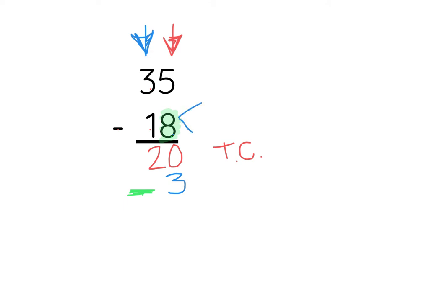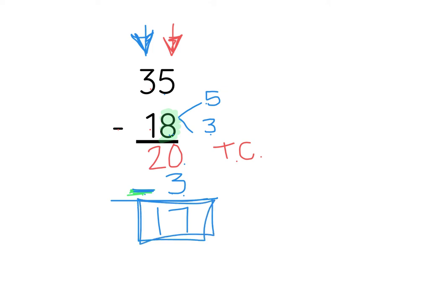Remember, if you're struggling to do that, do a break apart on the 8, take away what you started with, and then the second number tells you how far in the negative or how far below 0 you went. And then 20 subtract 3 is 17 because you know your partners and you know that 7's partner is 3.